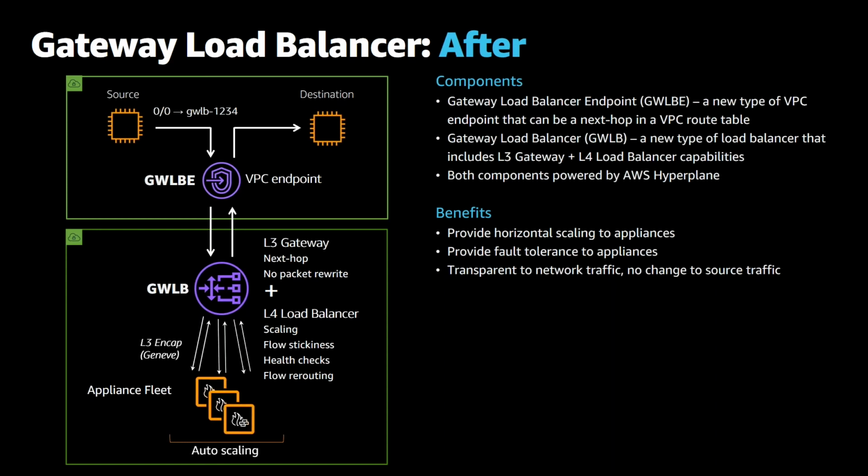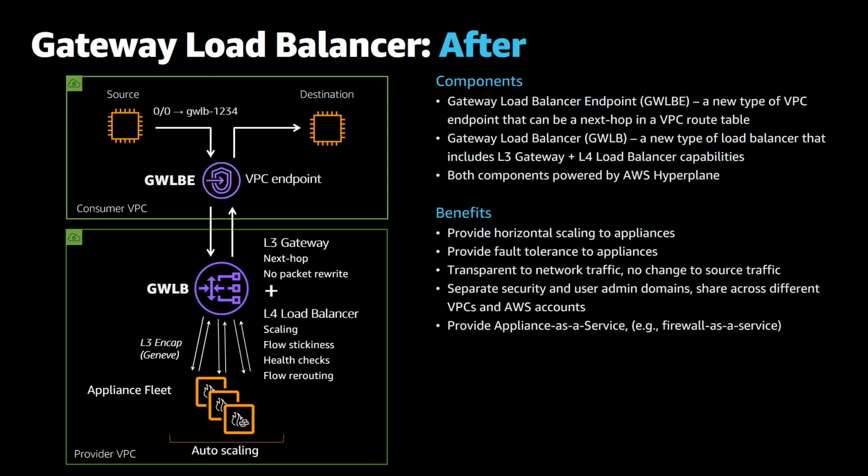And by the way, in order to do this, you need your appliances to support the GENEVE protocol. This is for the encapsulation of the traffic between the gateway load balancer and the firewalls. So that's a requirement. You can separate security and user admin domains. So in this case, let's say you have a consumer VPC and a provider VPC. Well, you can call this firewall as a service, right?